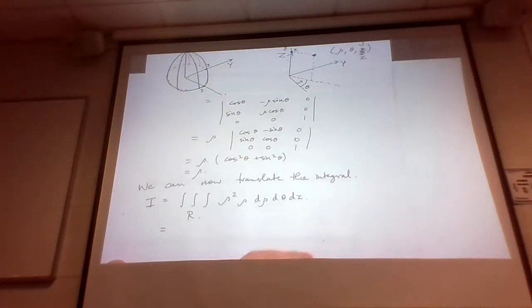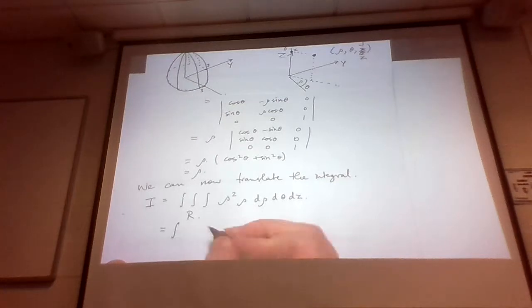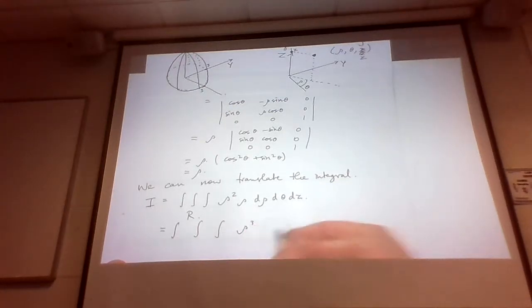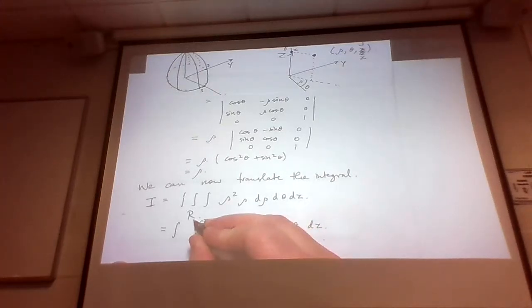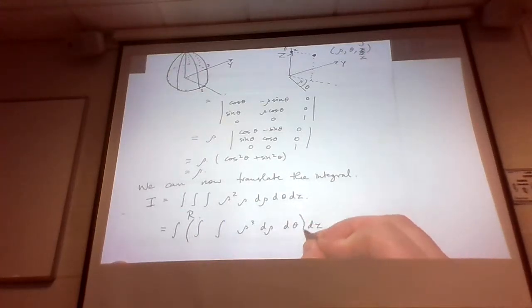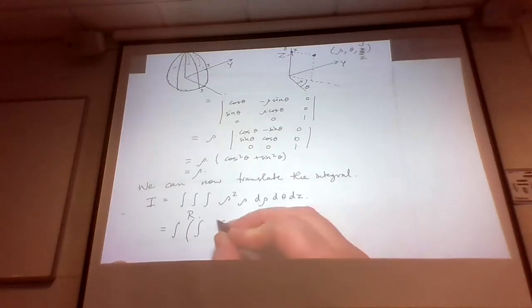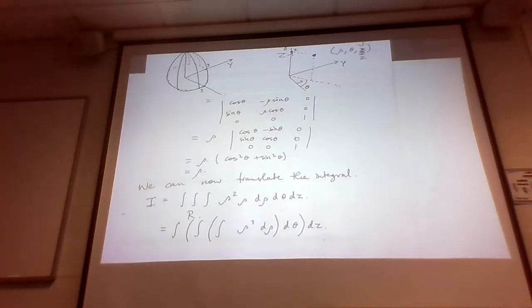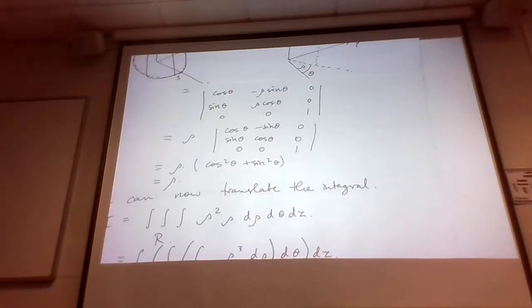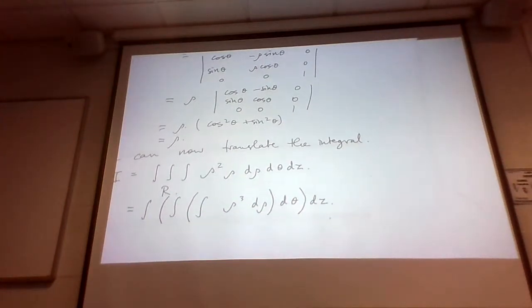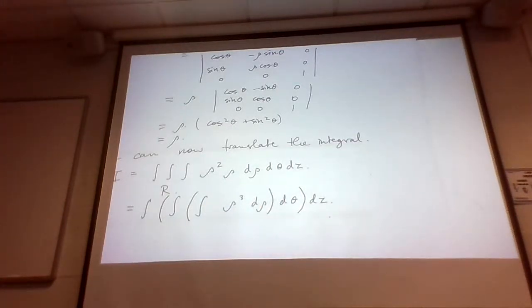Okay, so I think we're ready to start deciding on limits of integration now. So we're integrating rho cubed. You can stick with this original order, d rho, d theta, dz. And now remember, this is a nested set of integrals, one inside the other. In order to evaluate it, we need to determine the individual limits on each of the variables.